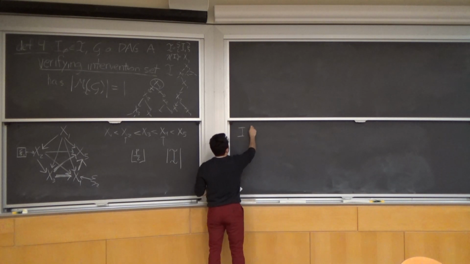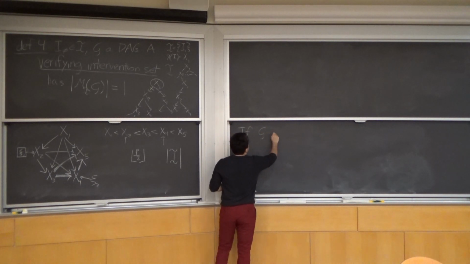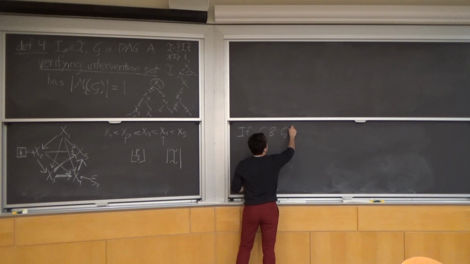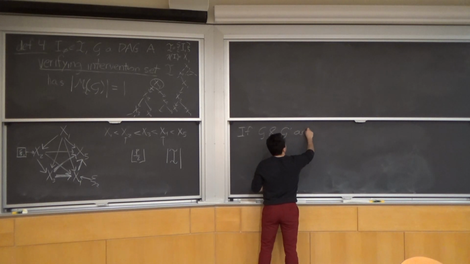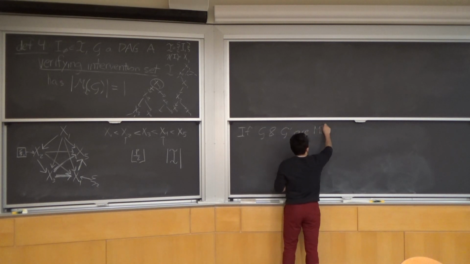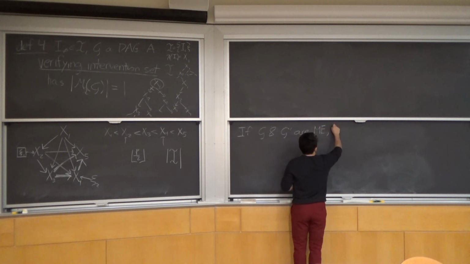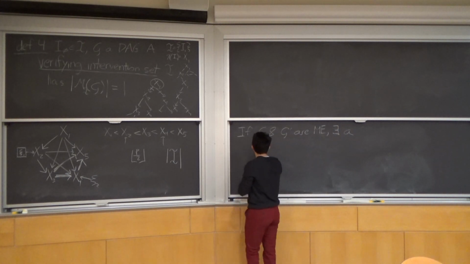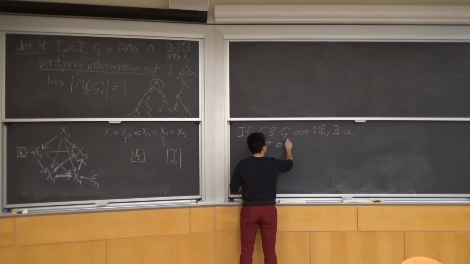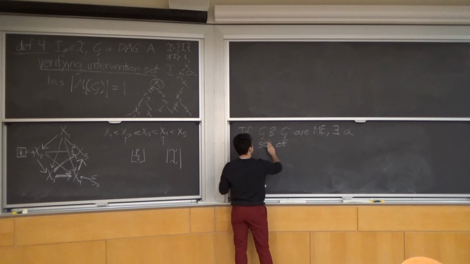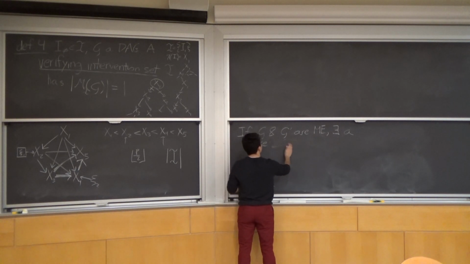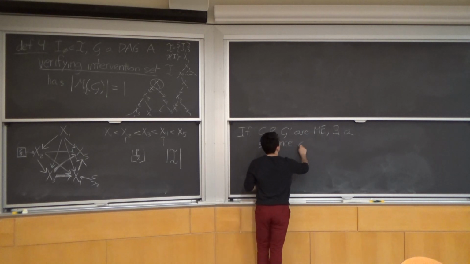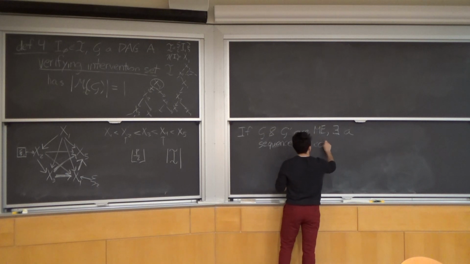We knew that if G and G prime are Markov equivalent, then there exists a sequence, or apply them in some order, a sequence of covered edge reversals from G to G prime.